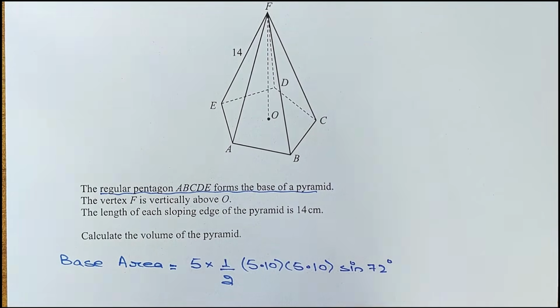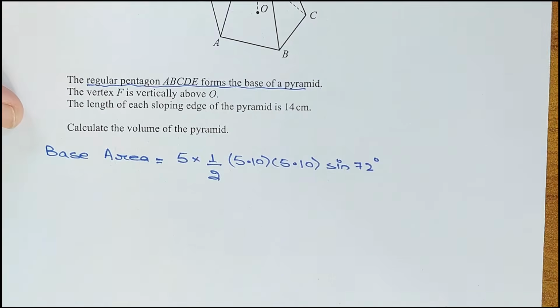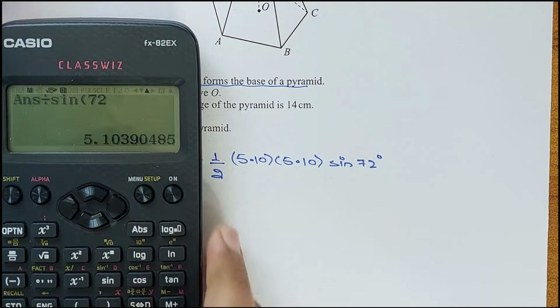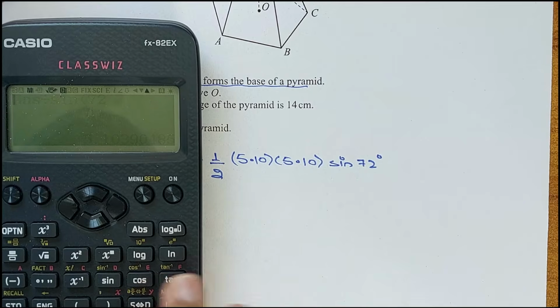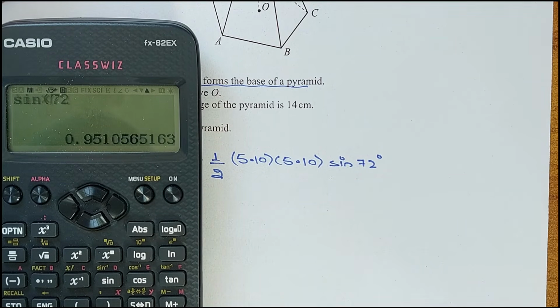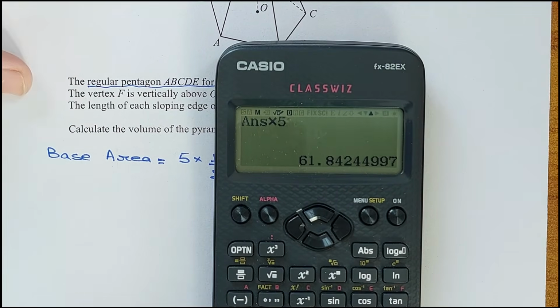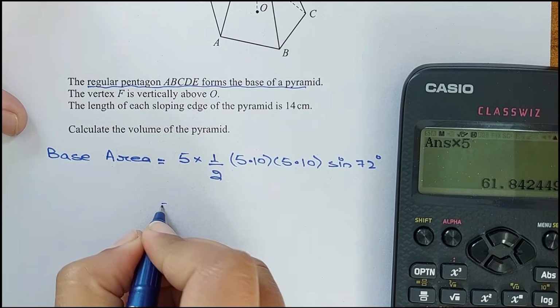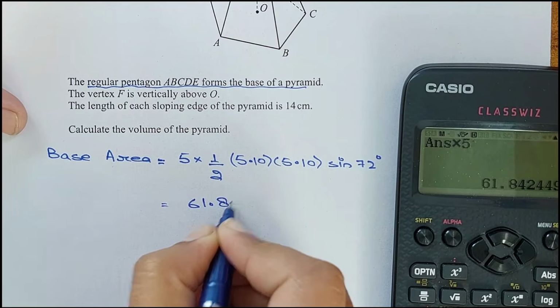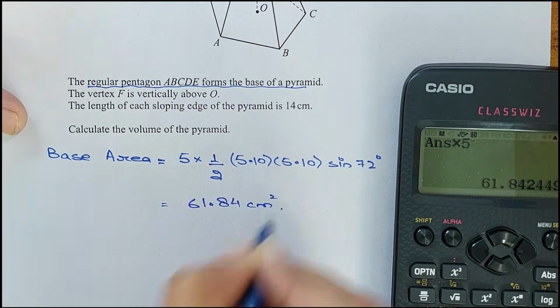Here we can find the base area. Let me simplify this. Okay, so we have sine 72 times 5.10 times 5.10 divided by 2 and times 5. That is 61.84. 61.84 centimeter square is the base area.